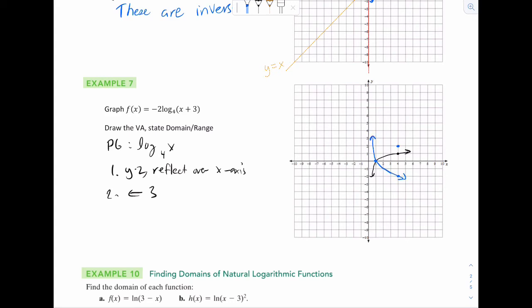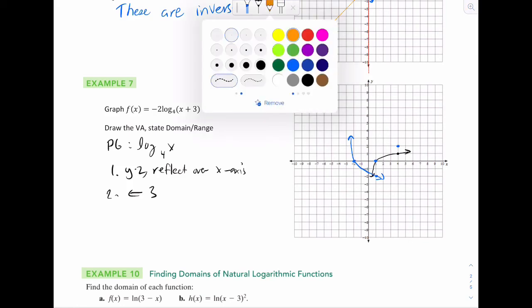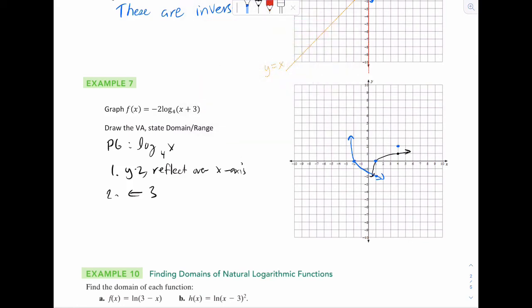let's grab it and move it. So this is going to move left 3. 1, 2, 3. And our vertical asymptote, that's right here.